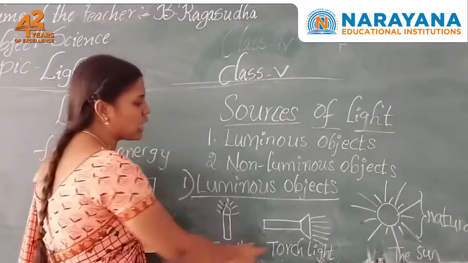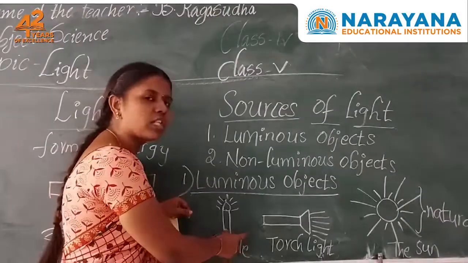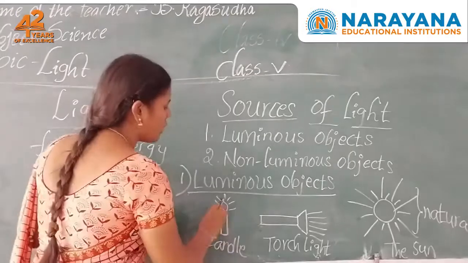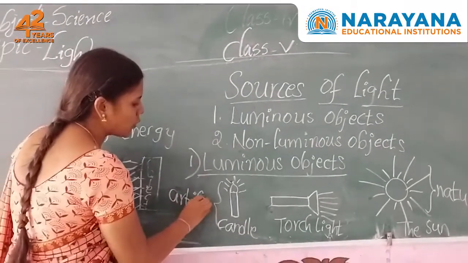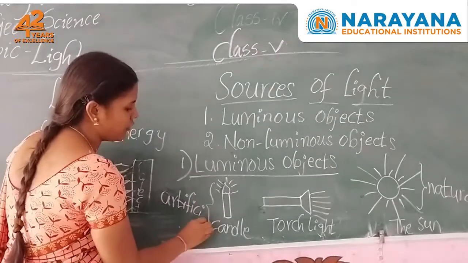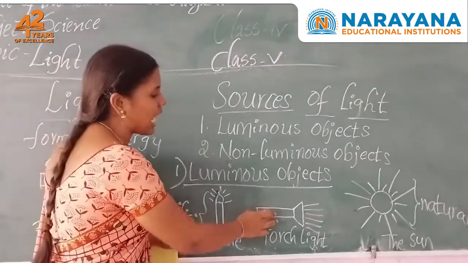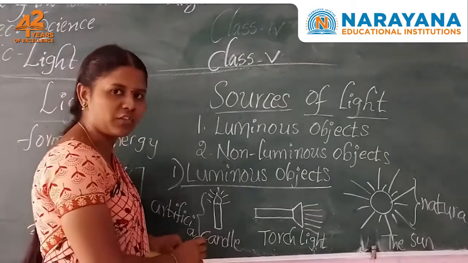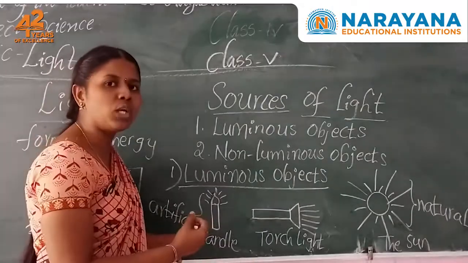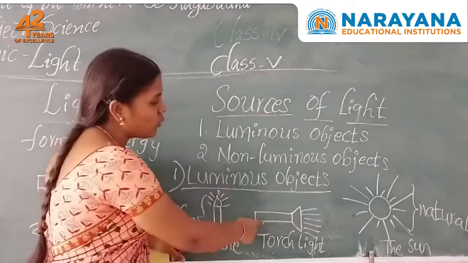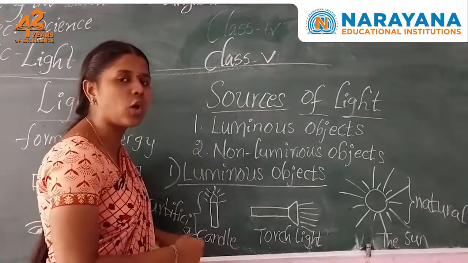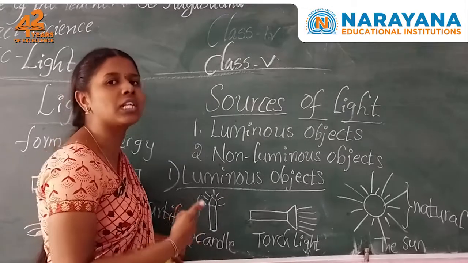Coming to the candle and torchlight, these are luminous objects, but we call them artificial. Why? The candle will give light only when we light the candle, and the torchlight gives light only when the torchlight is on.